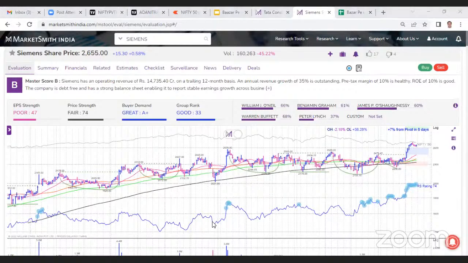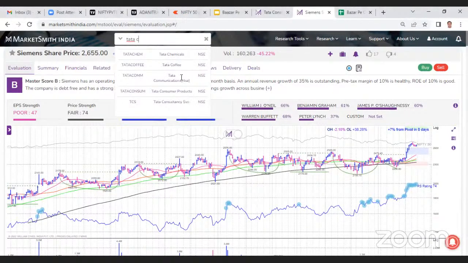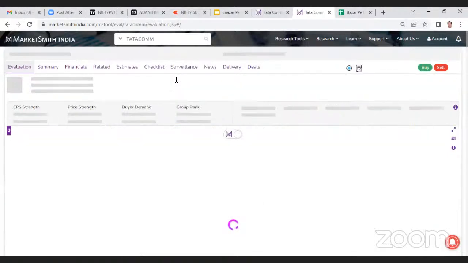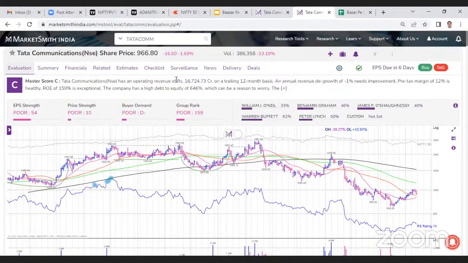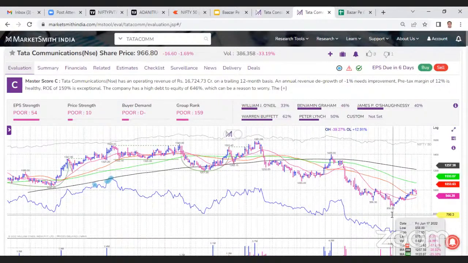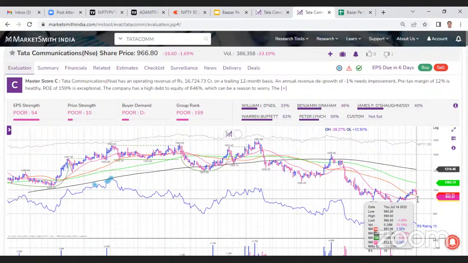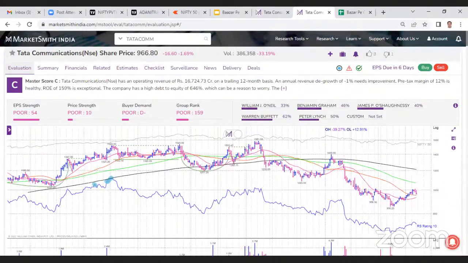Tata Communication. There was a sharp fall in Tata Communication in the last 6 months. This month it is showing some positivity and a bounce-back relief rally after touching almost 860, and currently it is 100 rupees from the recent low of 860.